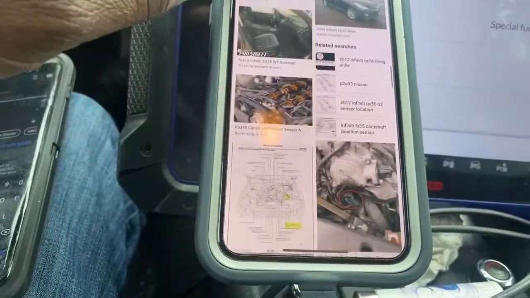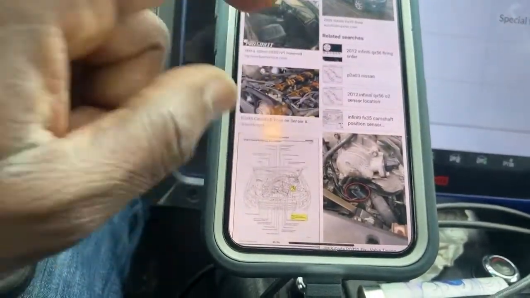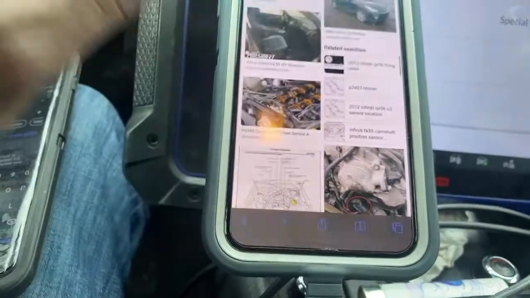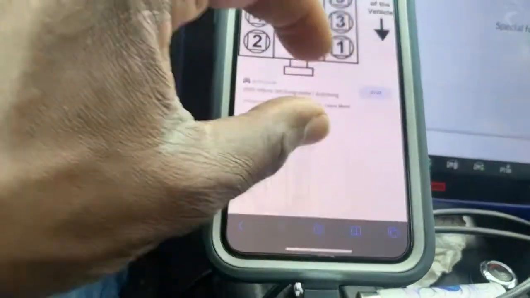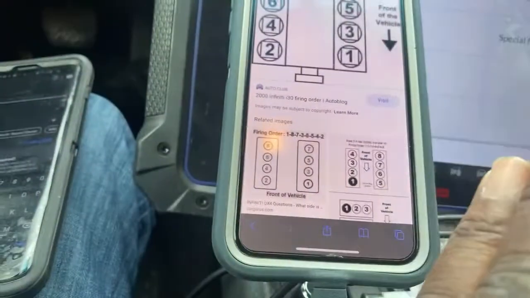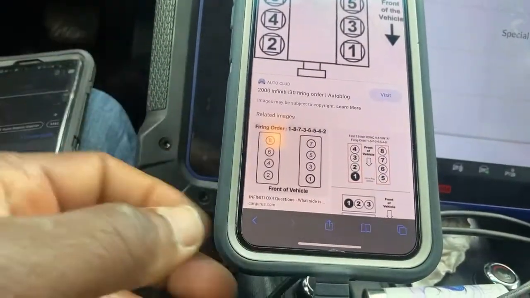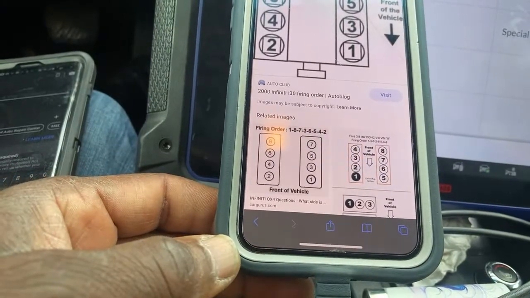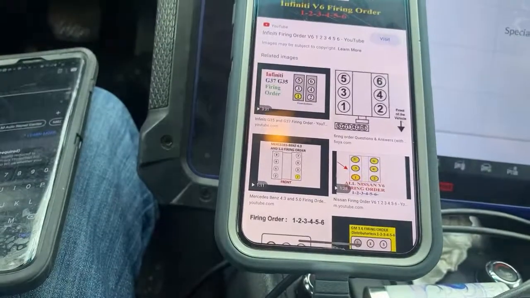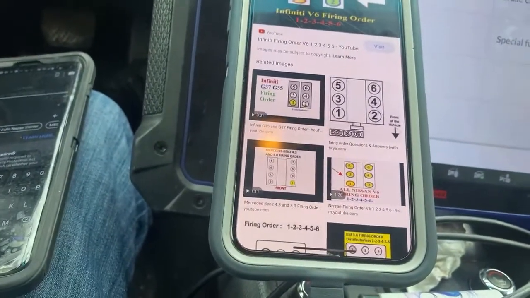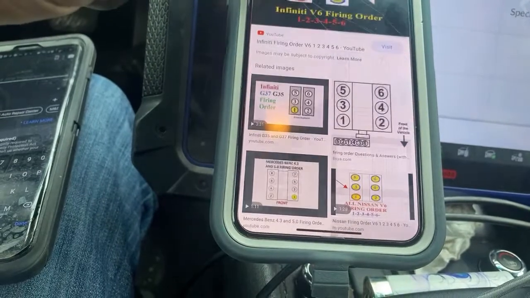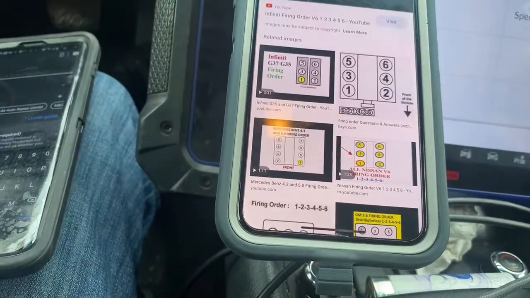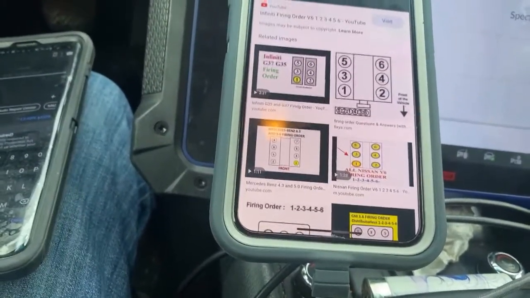Also, when they say bank 1, that means where cylinder number 1 is. If this is the front of the engine, for example, an Infiniti V6, then where cylinder number 1 is, that's bank 1.